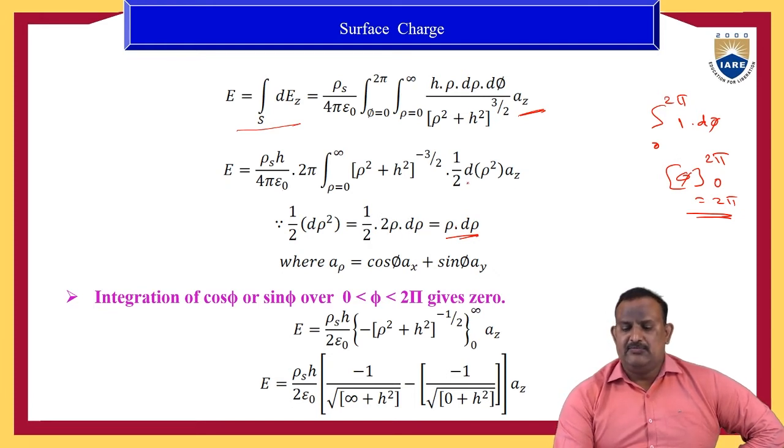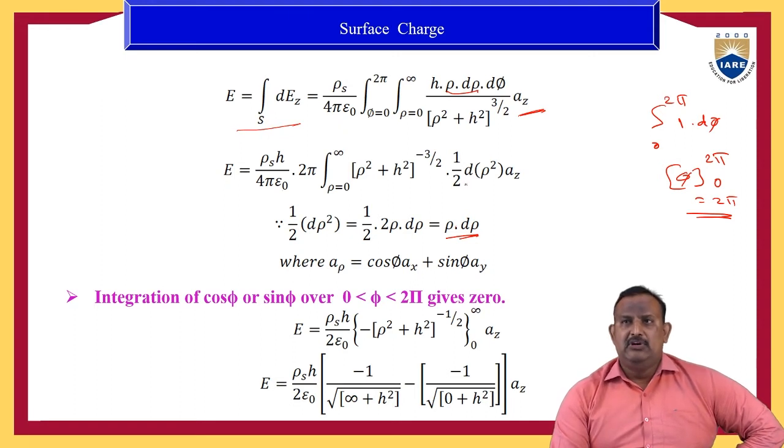Therefore, in place of rho into d rho, I am writing 1 by 2 into differentiation of rho square.